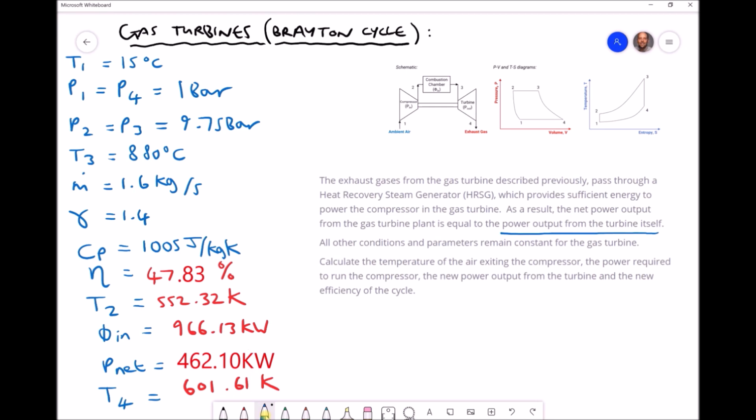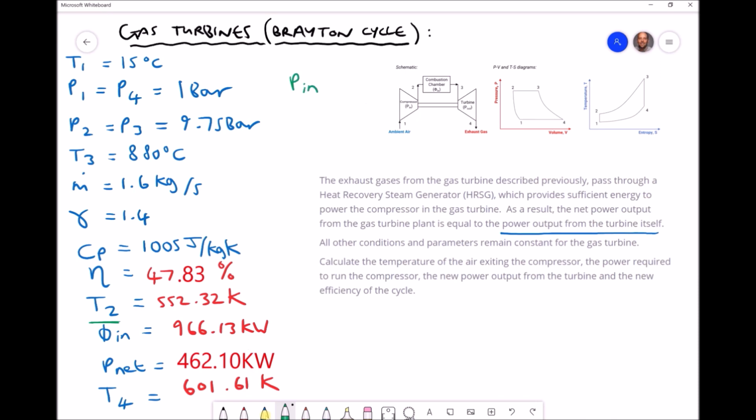We're asked to calculate the temperature of the air exiting the compressor, the power required to run the compressor, the net power output from the turbine, and the new efficiency of the cycle. So we're asked to calculate T2, which we already have. That's the temperature of air exiting the compressor. We're asked to calculate the power required to run the compressor. Well, that is going to be P in.